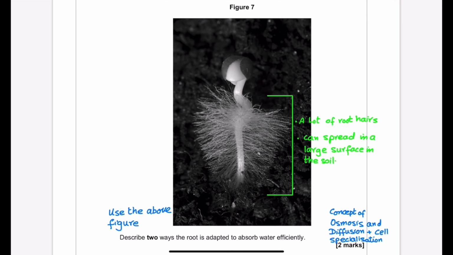So the model answer we can give: the root has a lot of thin root hairs. The root hairs can spread over a large surface area in the soil. These root hairs have a thin cell membrane. Therefore, it is very easy for water and minerals to move into the root hair from the soil.